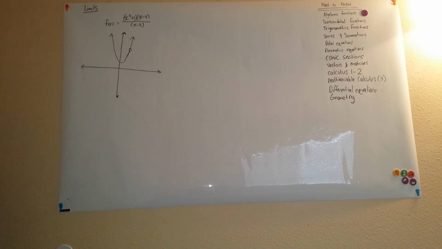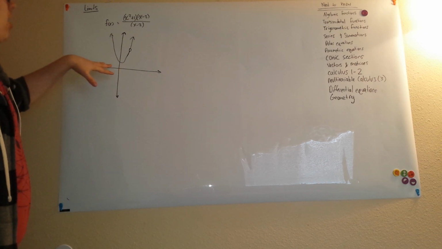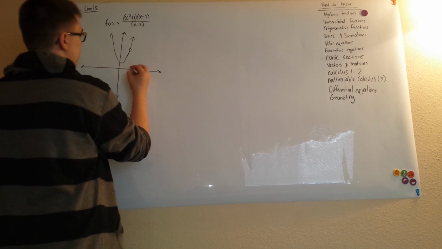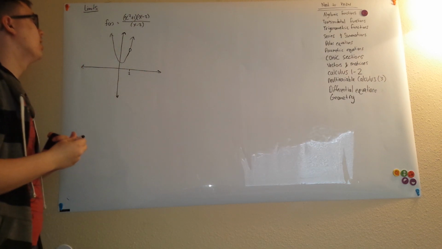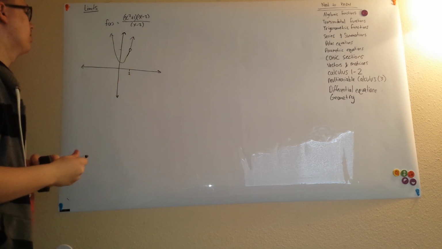This one would look like that in factored form. So again, we're trying to figure out about this point 2 and this value right there.